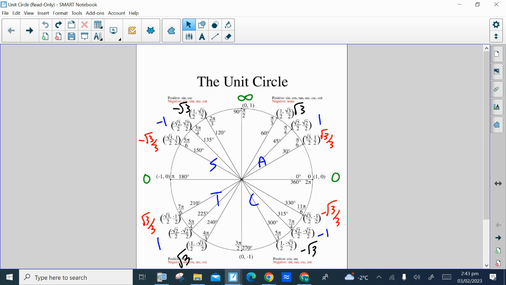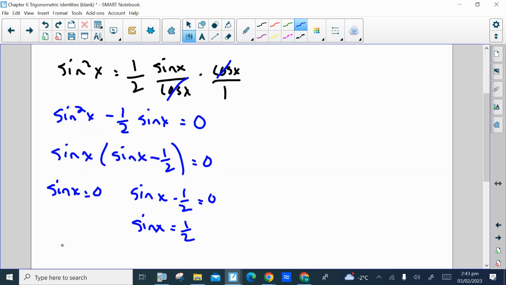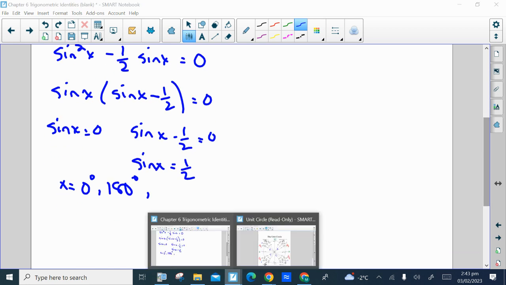So first, where the sine, the y value, is 0, is there. And remember, over here as well, as well as back at 360, but we can't use that because our domain tells us that. So our first two answers are 0 degrees and 180 degrees. Our second set of answers will come where the sine of x equals positive 1/2.